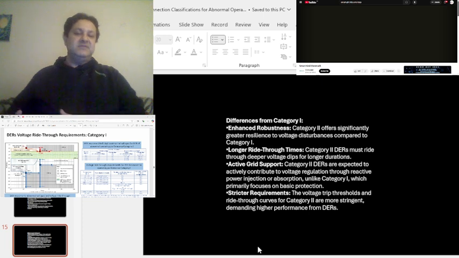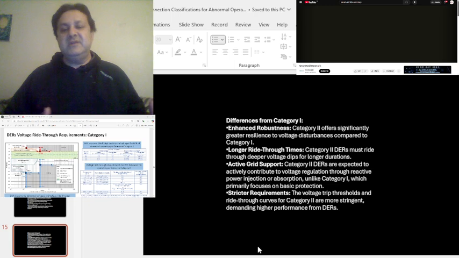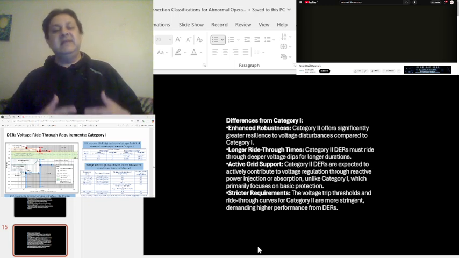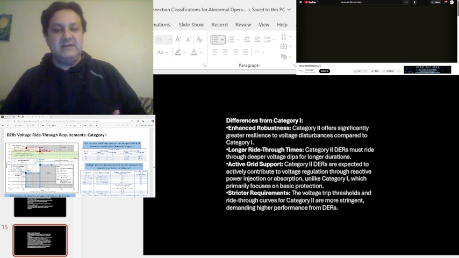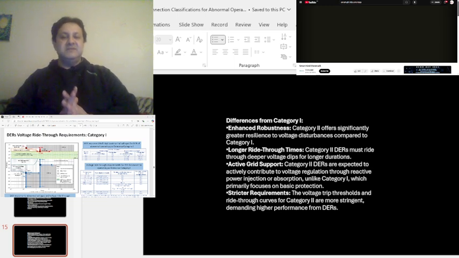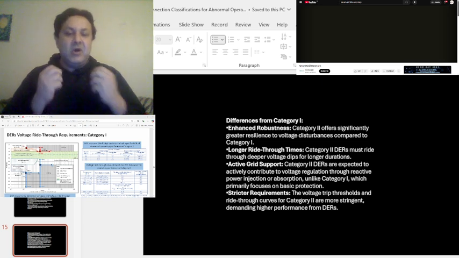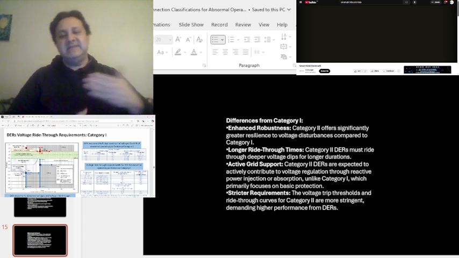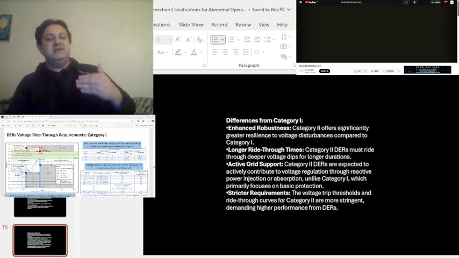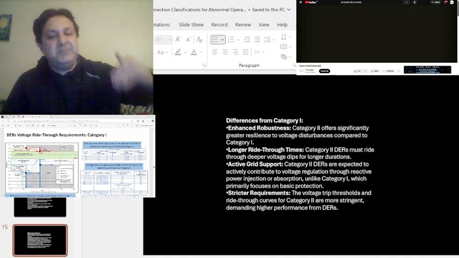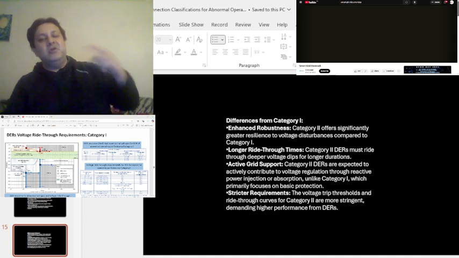What is the difference of two from one? In two, it is enhanced robustness. Category two offers significantly greater resilience to voltage disturbances as compared to category one. Longer ride through times: category 2 DERs must ride through deeper voltage dips for longer duration.